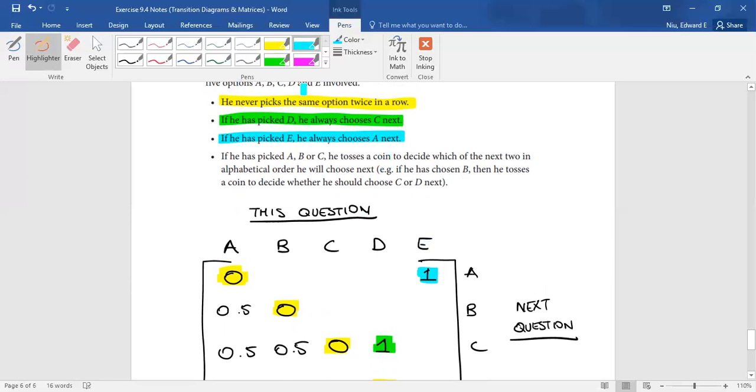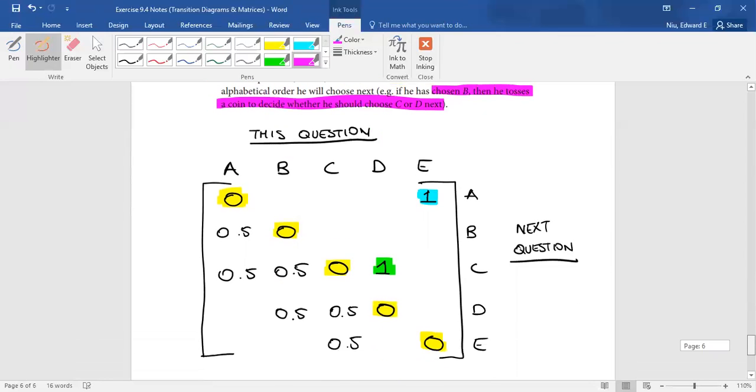Now, this last one's pretty wordy. It says, if he has picked A, B, or C in the current question, he tosses a coin to decide which of the next 2 in alphabetical order he will choose next. E.g., if he chooses B, then he tosses a coin to decide whether he should pick C or D next.